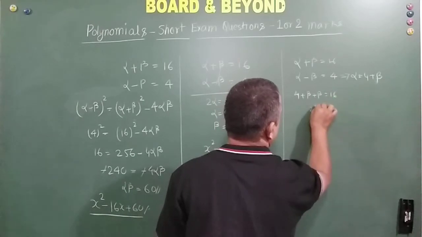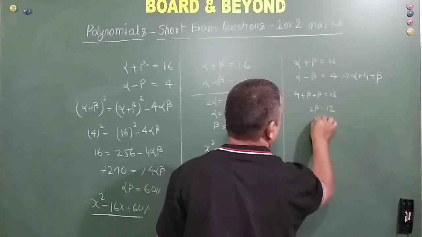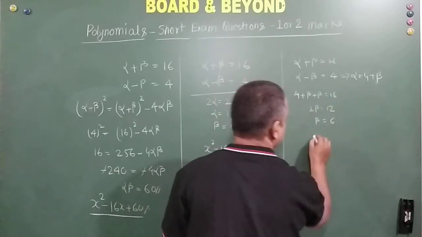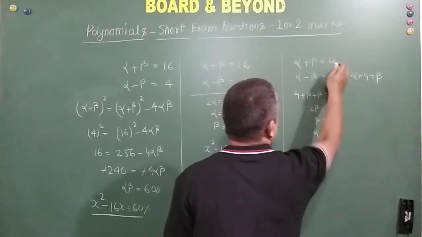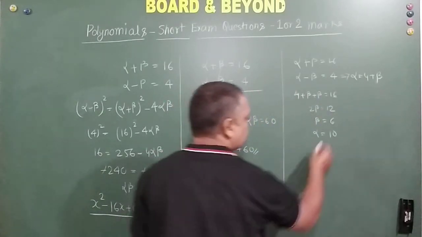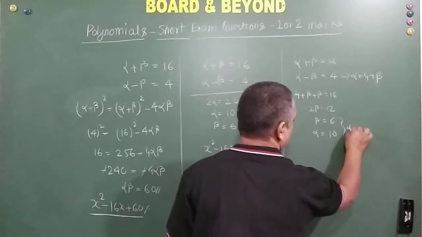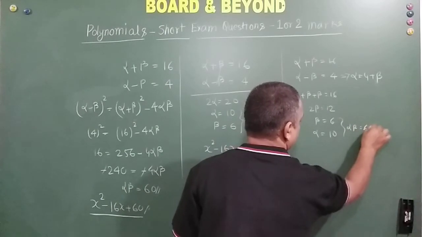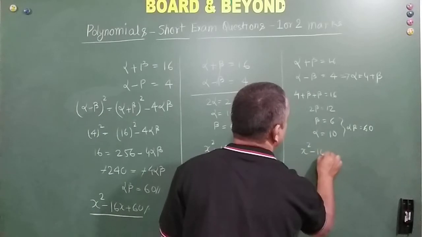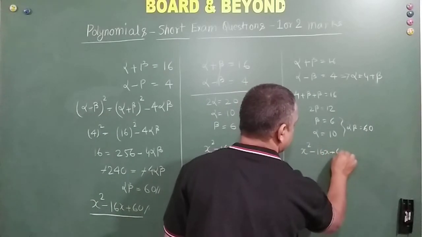So 2 beta is equal to 12, beta is equal to 6. Once beta is equal to 6, alpha can be found from any one of the equations, that is equal to 10. So alpha into beta is equal to 60. So the quadratic equation is x square minus 16x plus 60.